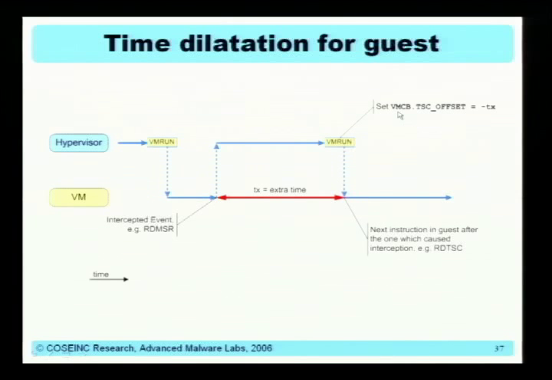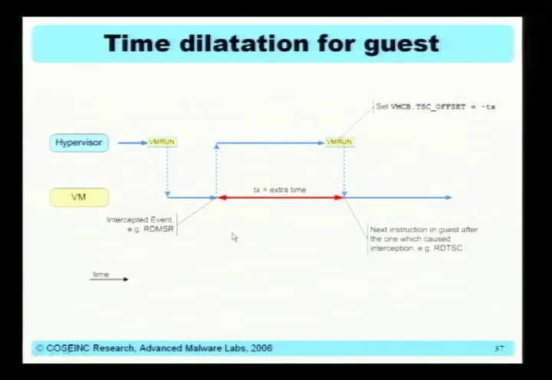So we can use a special field called TSC offset inside the VMCB, this control block, which is the offset that should be added to the guest timestamp counter before it's resumed. So we just add minus x here.